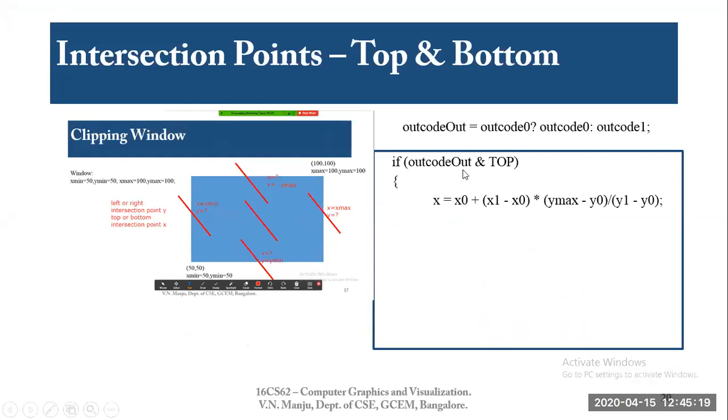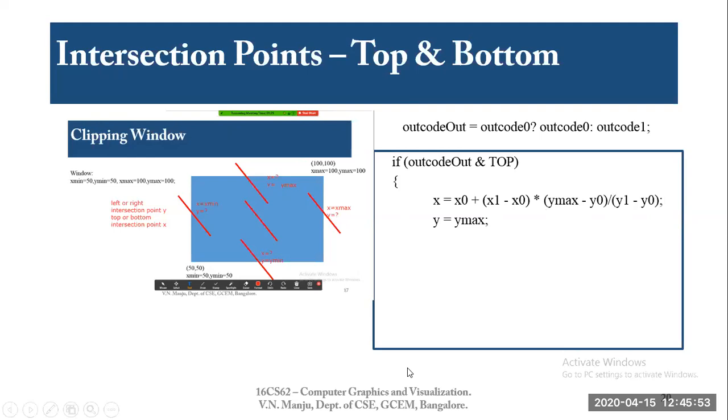See here, for the top, x is equal to x naught plus x1 minus x naught, here we are using our 1 by m, into y max minus y naught, by the slope. That is the simple intersection formula, and y is equal to y max.